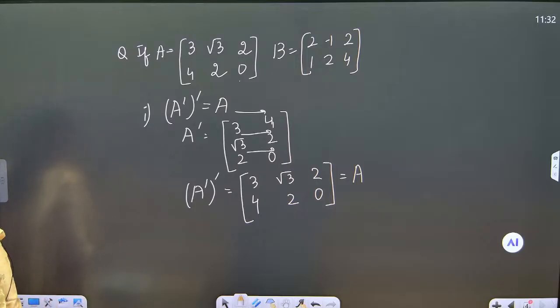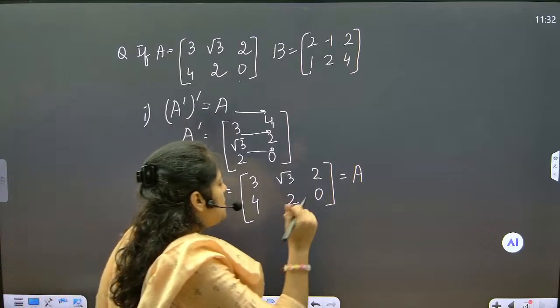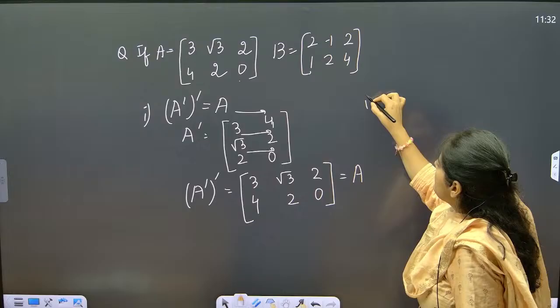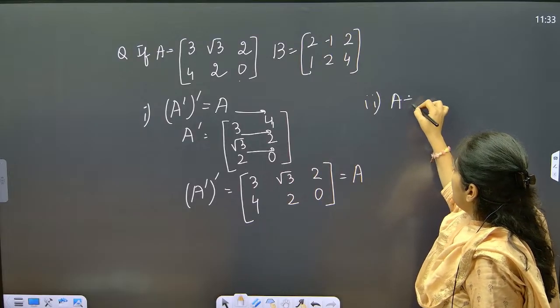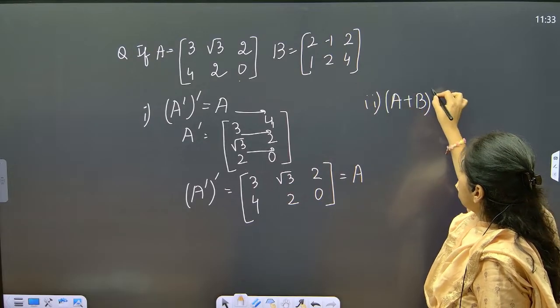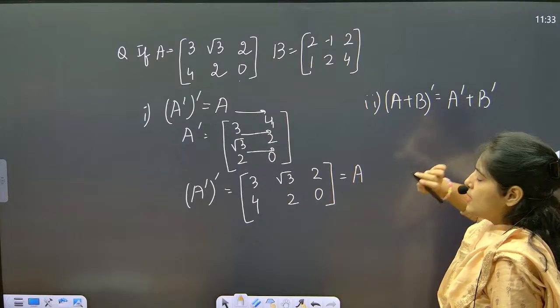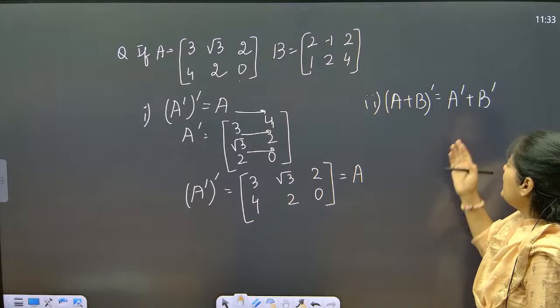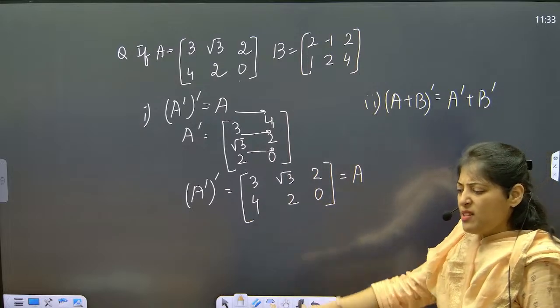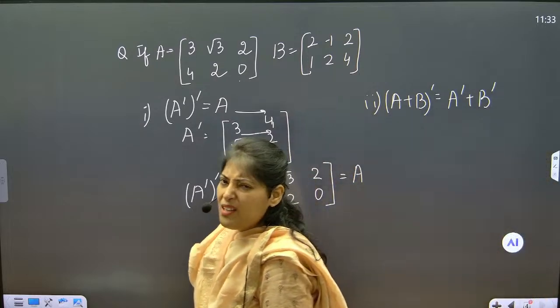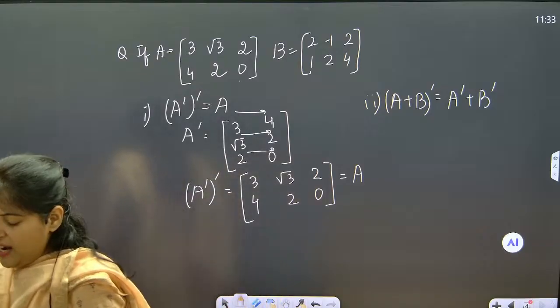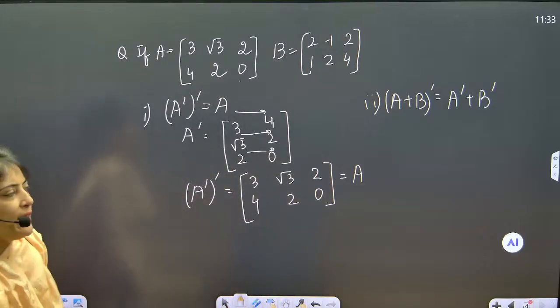This part is proved. Second part for this only, (A plus B) transpose. Second part is (A plus B) transpose will be equal to A transpose plus B transpose. Here we don't have to write B transpose plus A transpose. No need to write, plus is commutative, no? Either you write 2 plus 3 or you write 3 plus 2.